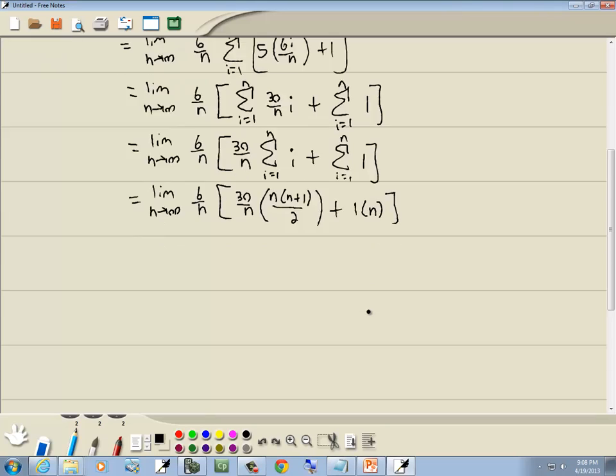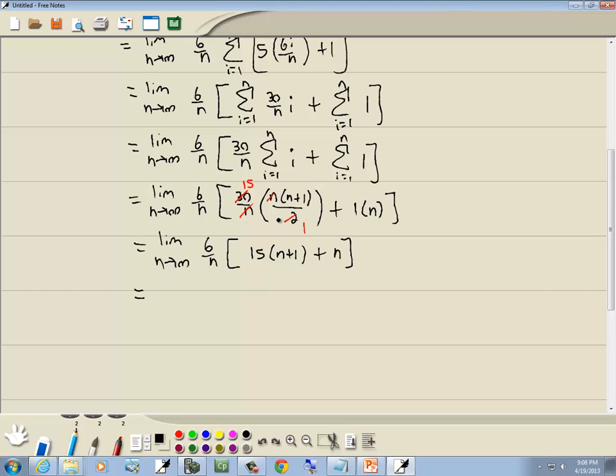Okay, let's do a little bit of simplifying. So we've got the limit as n goes to infinity of 6 over n. The n here and n here cancel. The 2 and 30, this becomes 1, and this becomes 15. So we're going to have 15 times n plus 1, plus 1 times n is n.